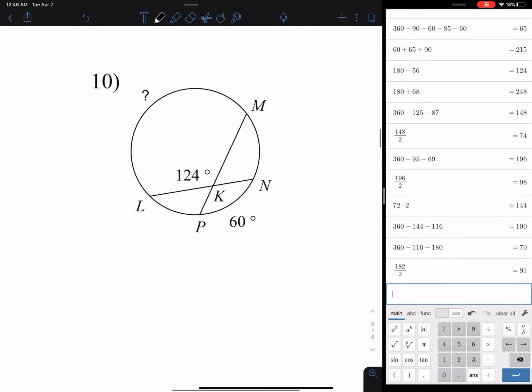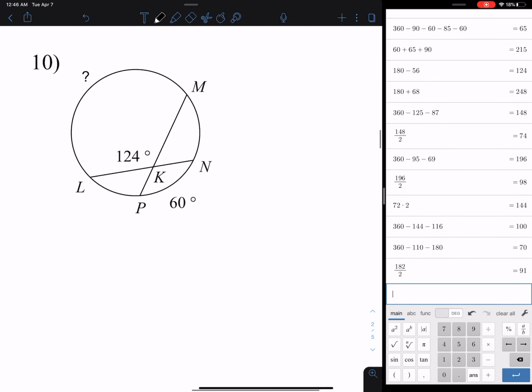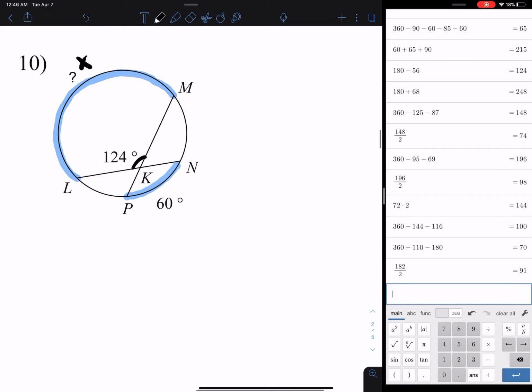The next one is also an interior angle problem. So we're trying to find this arc. We're given that one, and we're given the angle. So I'm going to call this arc X. So we have X plus 60 divided by 2. And when we add the arcs together and divide by 2, that gives us the interior angle, which is 124.